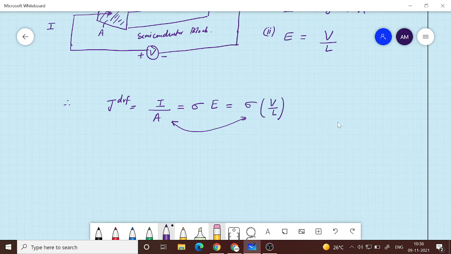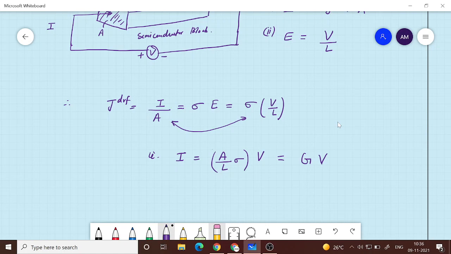Either you can write I is equal to A by L times sigma into V. So this is one way of writing, where conductance into voltage is equal to current.